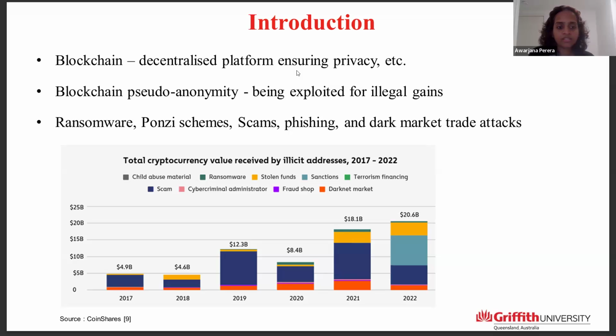And if we look at this graph, we can see how the probability of illegal activities based on blockchain technology has increased within the past few years. And this also shows the cost that has resulted from these illegal activities.